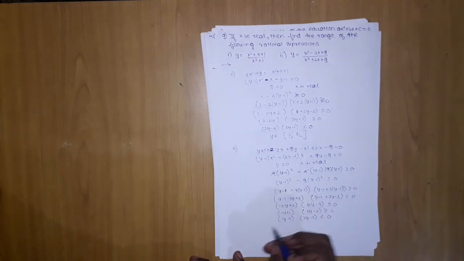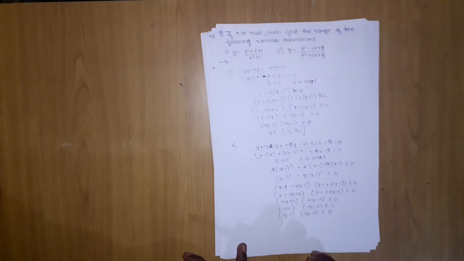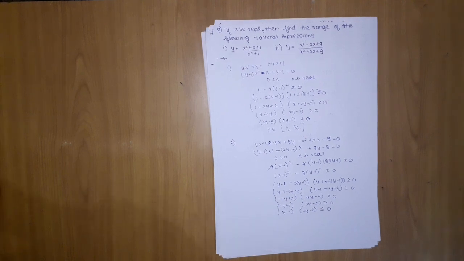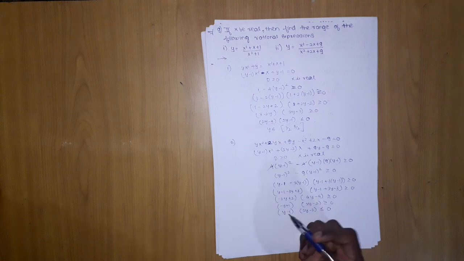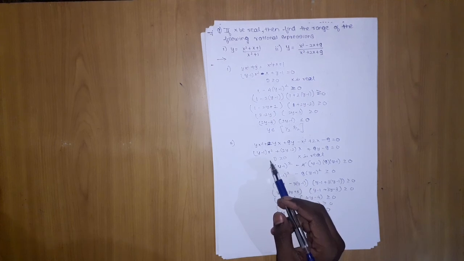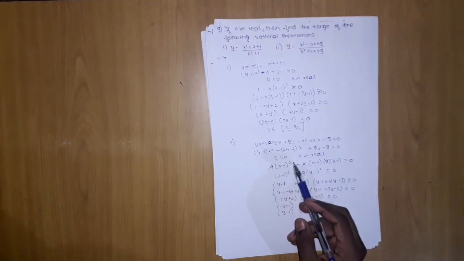Okay, so what are we getting? y is equal to... we are doing some mistake or what?